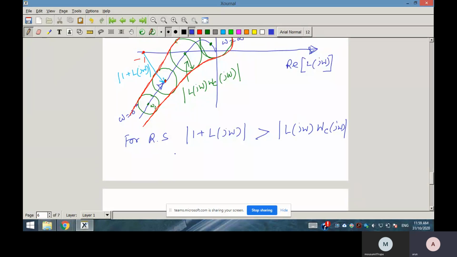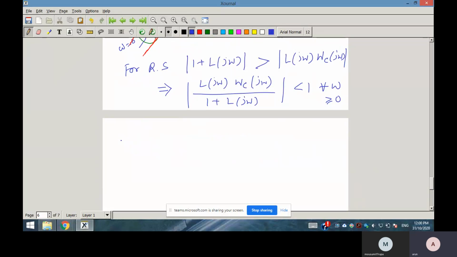This implies that mod of L j omega into W c j omega divided by 1 plus L j omega should be less than 1 for all omega greater than or equal to 0.